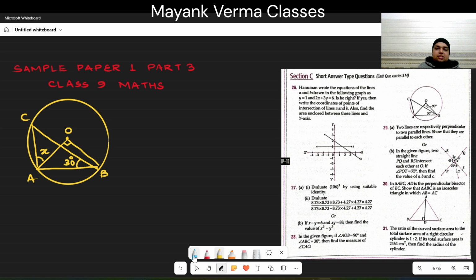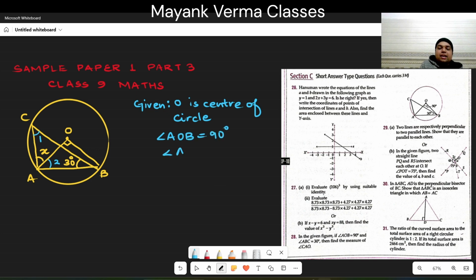So let's say this angle is 1, and this angle, let's say, angle 2. So what is given to us? O is the center of the circle, and angle AOB is 90 degrees and angle ABC is 30 degrees.